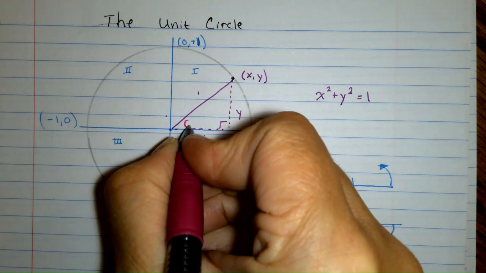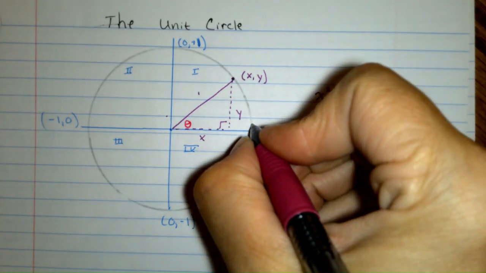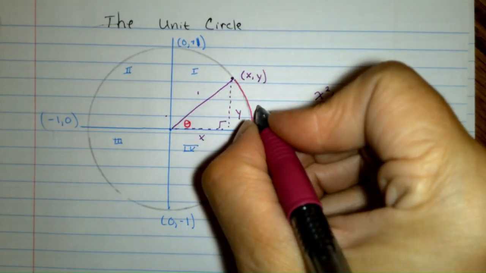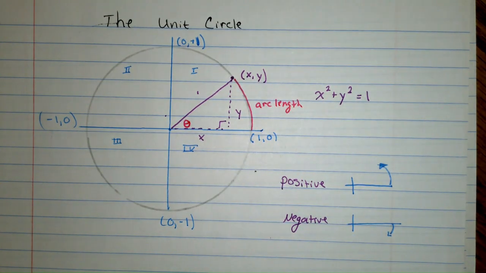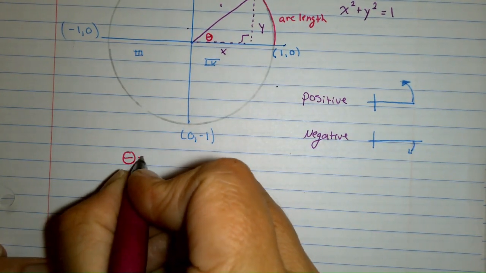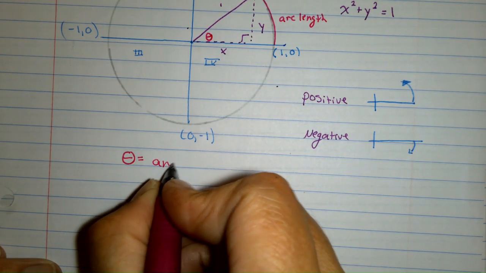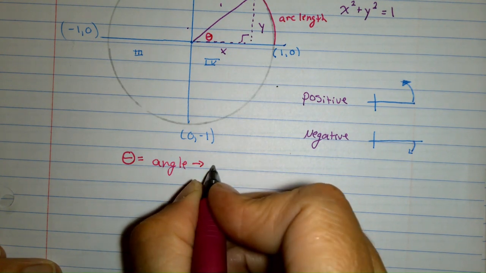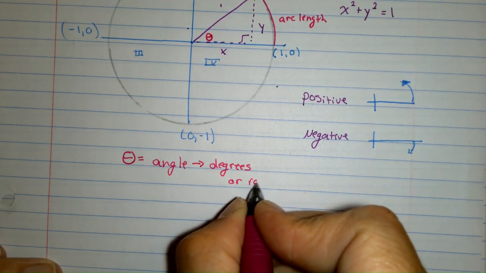This is going to be your angle, because we always stand at the origin. And this will be an arc length. The angle is the size, and when I talk about theta, it's measuring your angle. It's going to be measured in degrees or in radians.